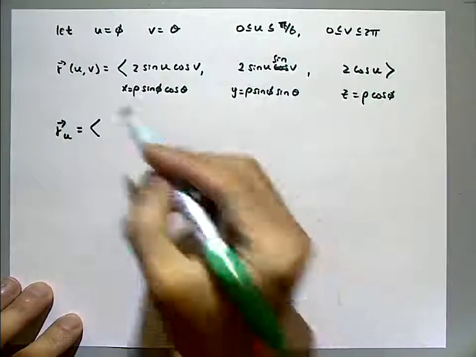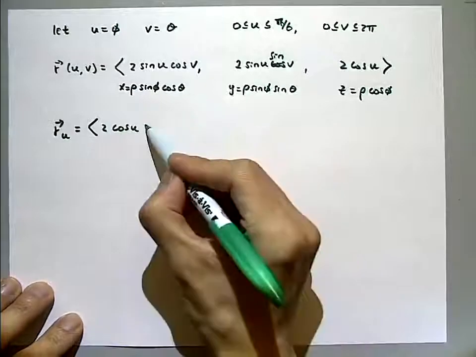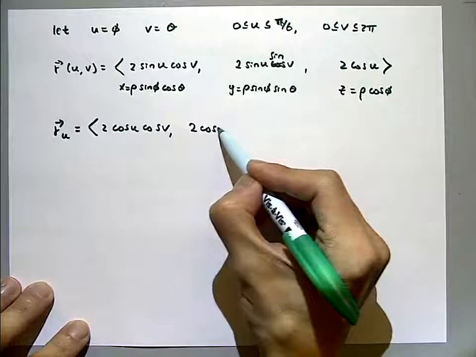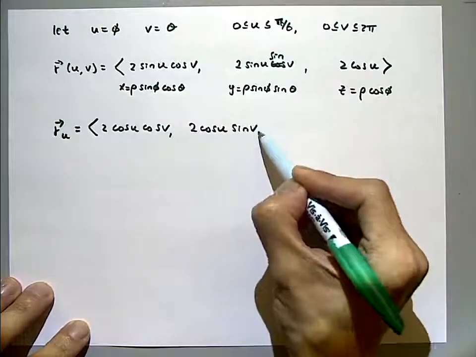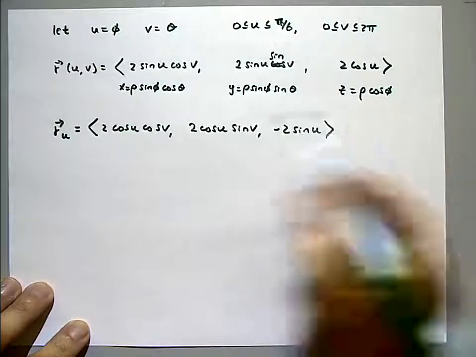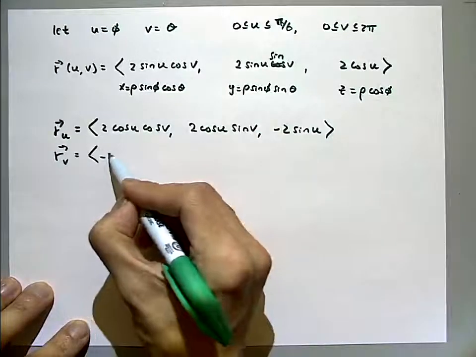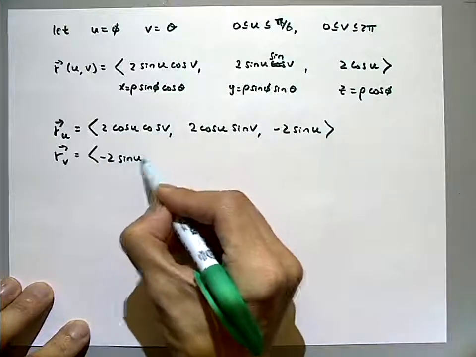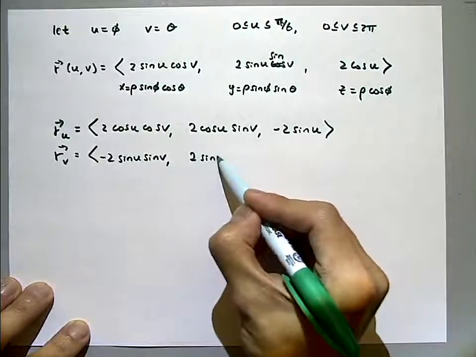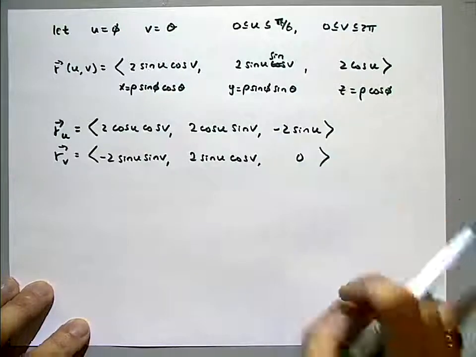All right, so RU is 2 cosine u cosine v, 2 cosine u sine v, minus 2 sine u. RV is minus 2 sine u sine v, 2 sine u cosine v, and 0. Good. Good to see that 0.